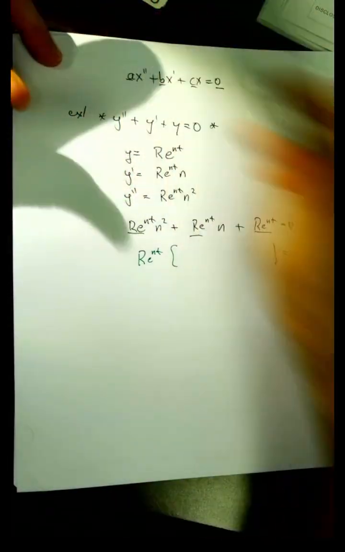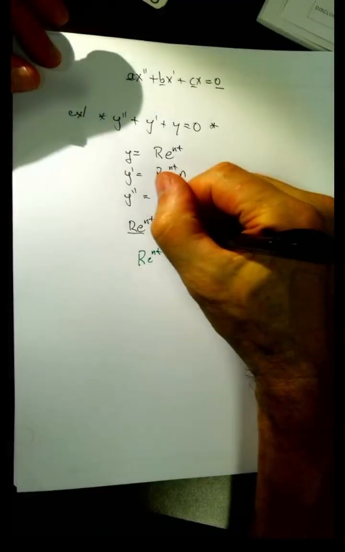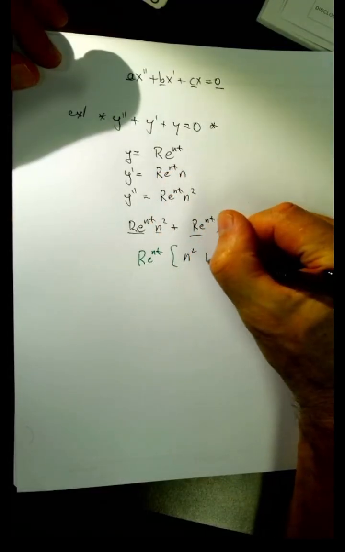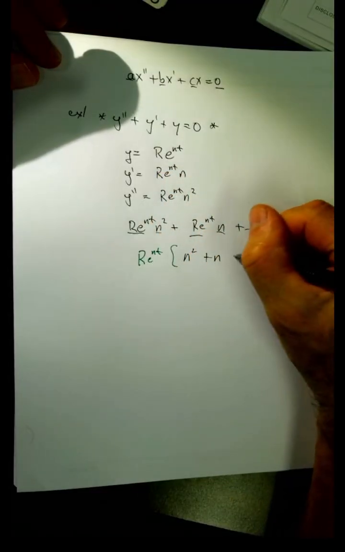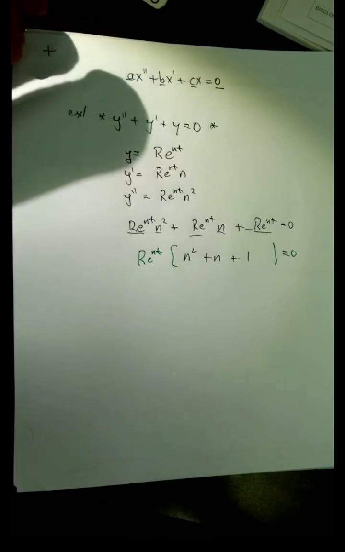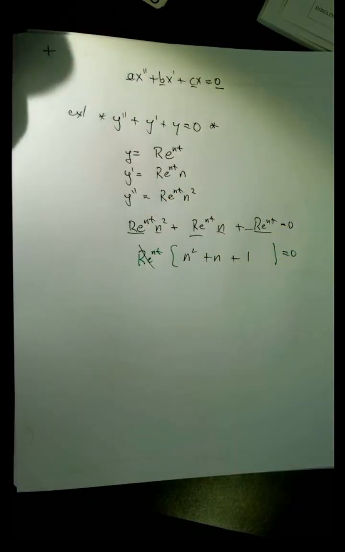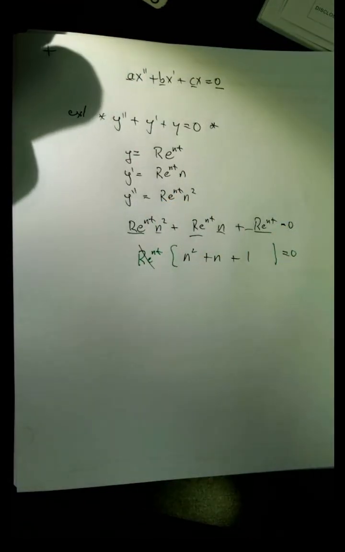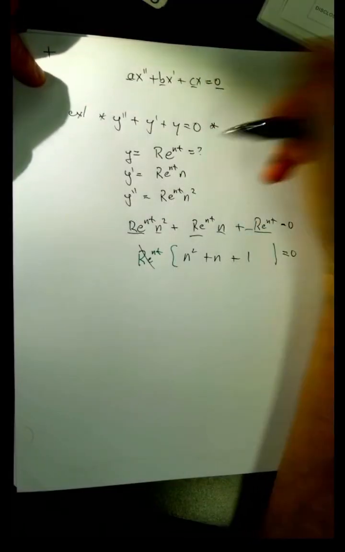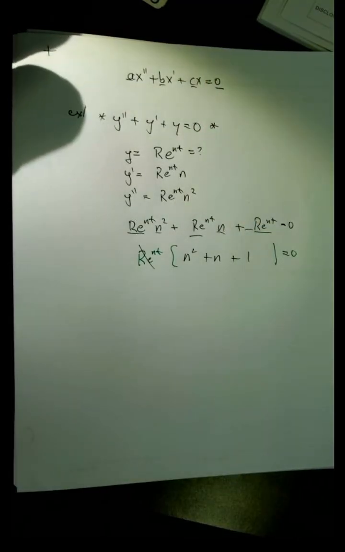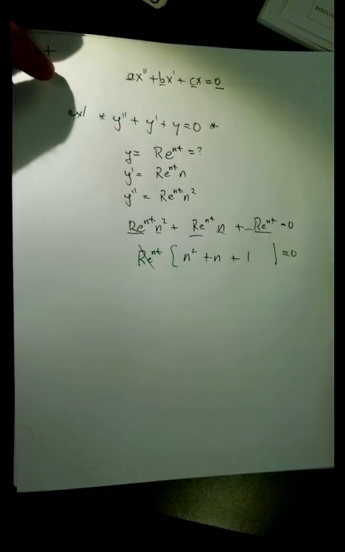And what is left is r squared plus r plus 1. And I don't want e to the rt to be 0. If that was 0, then y equals 0, and that's not going to be a valid solution, or at least not a useful solution.